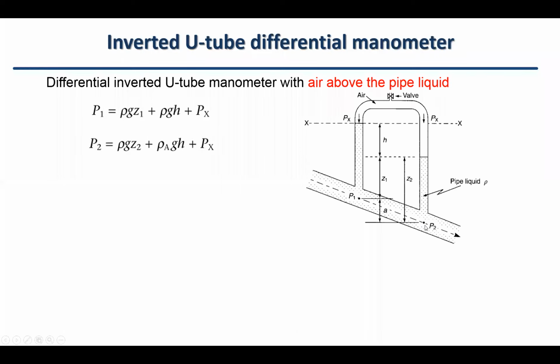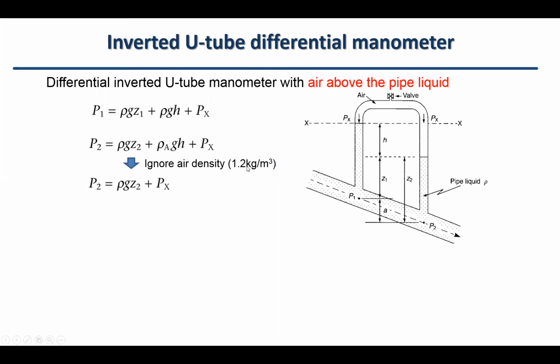For the right hand side, we can write P2 is equal to rho g Z2 plus, if the density of the air is rho A, rho A g h, all of which is equal to Px. In this case, we can easily ignore the density of the air because it is really, really small, like 1.2 kilograms per cubic meter.